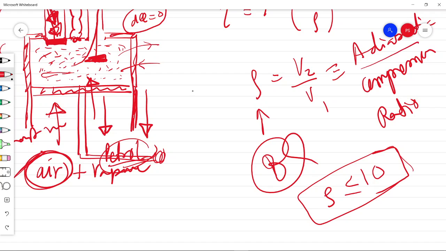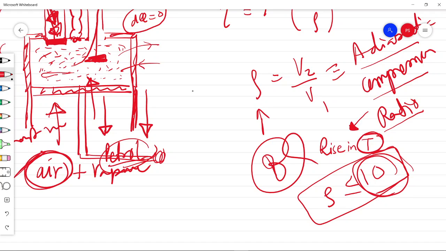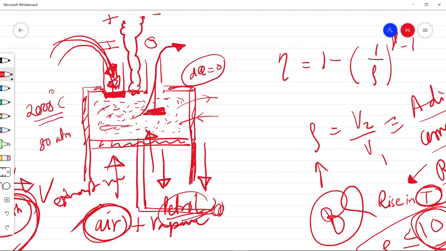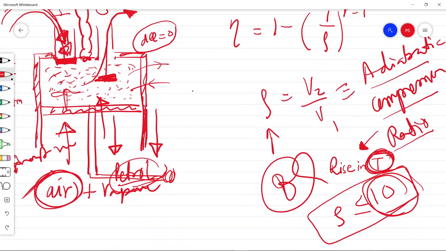Because if we go on increasing the adiabatic compression ratio, since the adiabatic compression comes along with a rise in temperature, if this ratio goes above this value 10, the temperature rises to such a value that this mixture does not require any spark for ignition, and it gets burnt and exploded on its own due to a very high value of temperature.